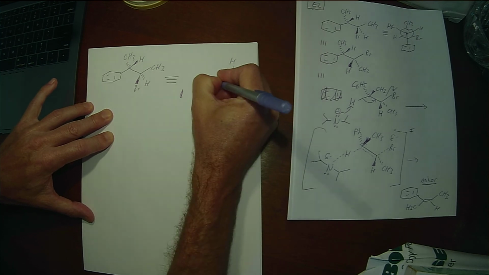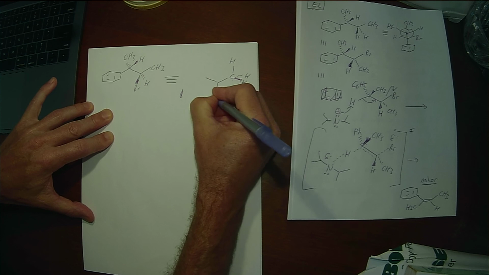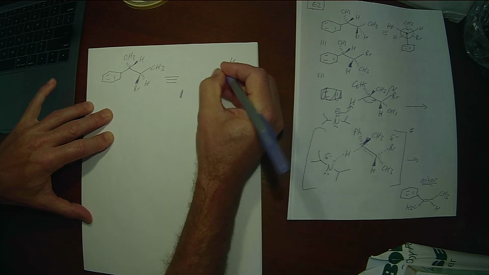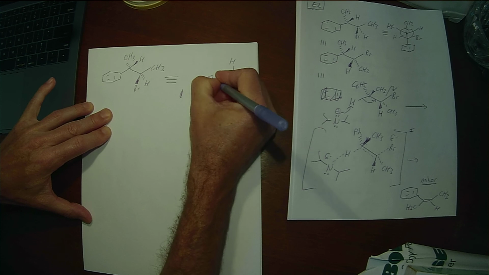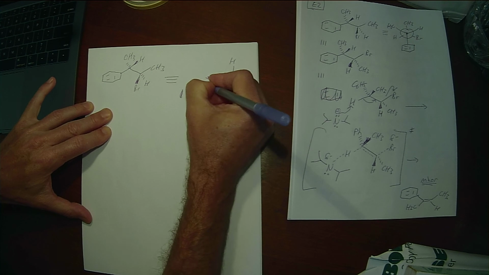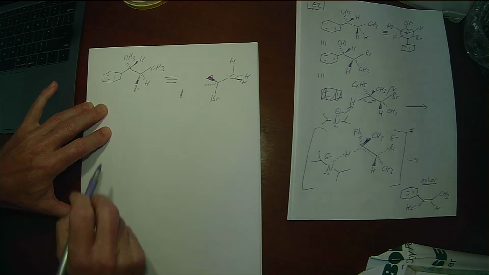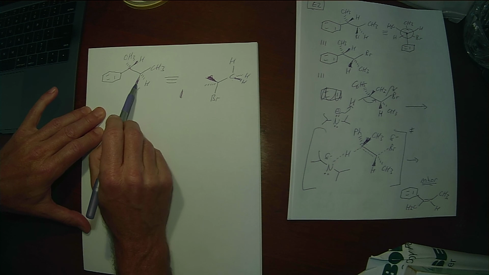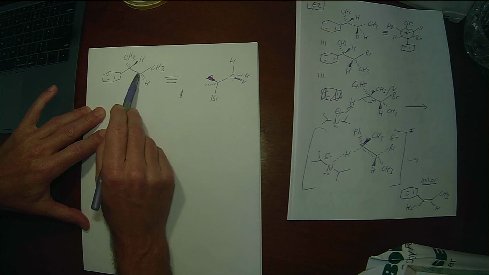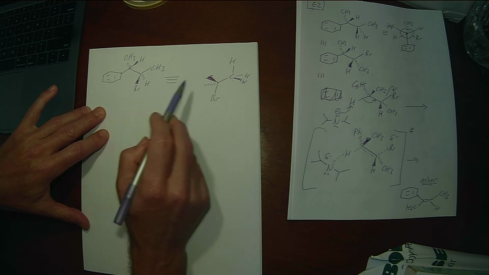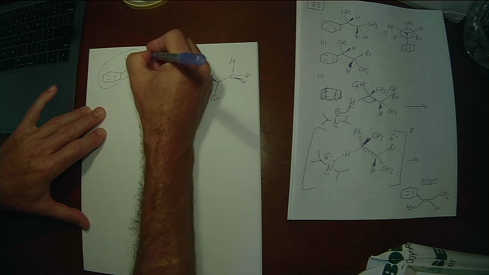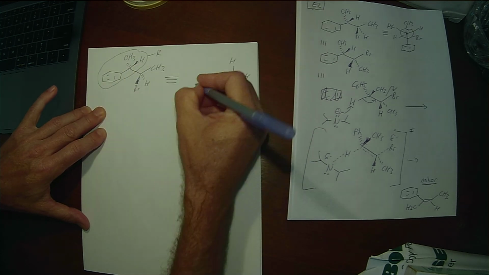I need to put the bromine here, right, so that it's opposite, so I have that anti-periplanar arrangement. So I'm going to spin this down, put that bromine there, which will bring this whole group here, which I'm going to write as R, just so I don't have to keep drawing it.